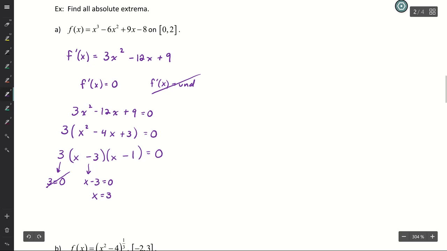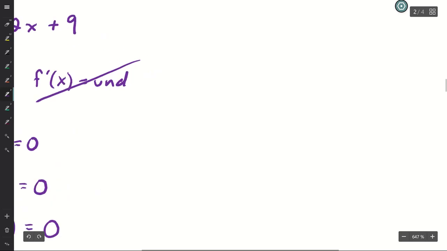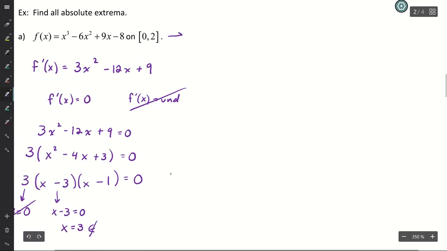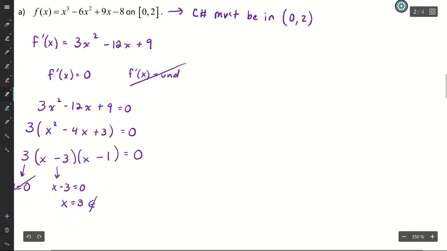We notice that is not in the interval. So 3 is not an element of the open interval. We notice up here we're looking at a closed interval. The critical numbers must be in the open interval. So 0 to 2, but not including 0 and 2.